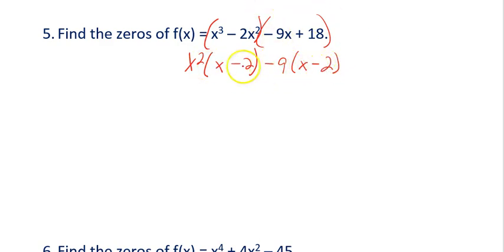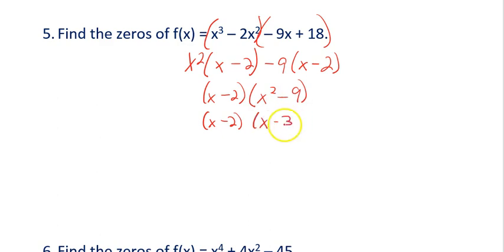And then by factor by grouping, I look at this line and I see that I have a GCF again, which is x minus 2. And if I take it out, that leaves me with x squared minus 9. Now we know that that's going to factor again. So x squared minus 9 will be x minus 3 and x plus 3.